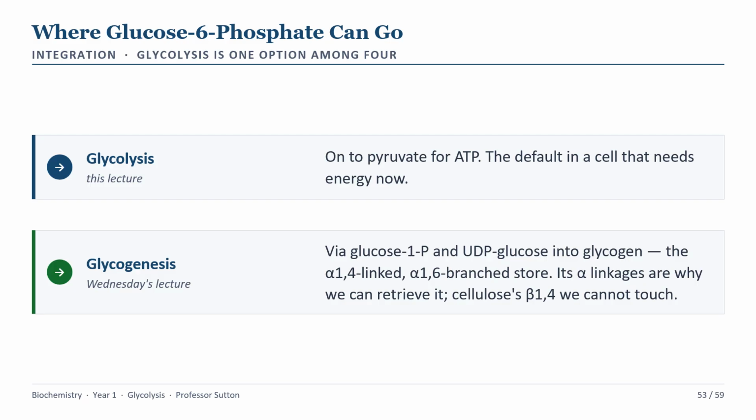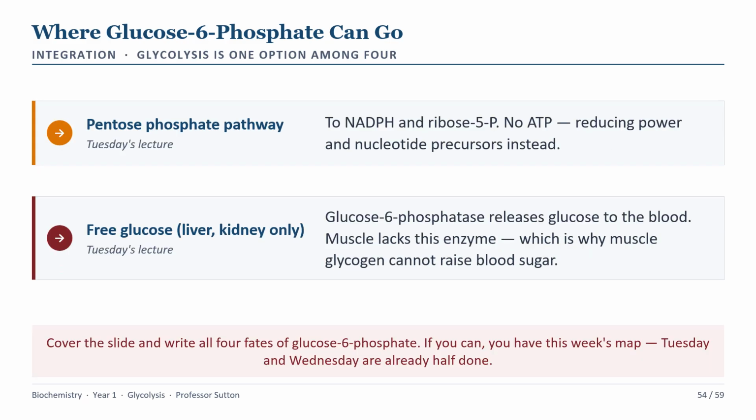Remember that: PPP, NADPH, and ribose 5-phosphate. No ATP from that route. And the 4th, dephosphorylation by glucose 6-phosphatase back to free glucose, which is then exported to the blood.